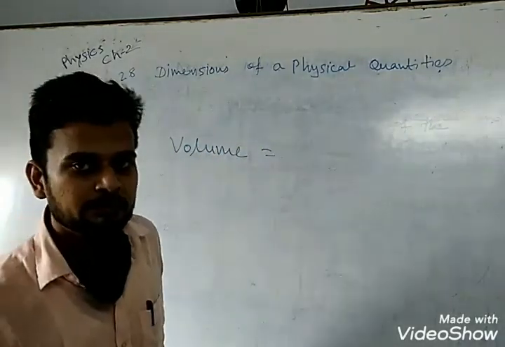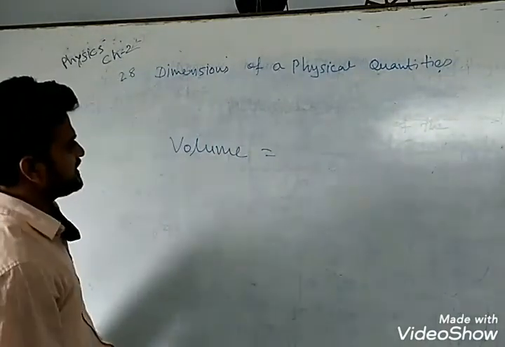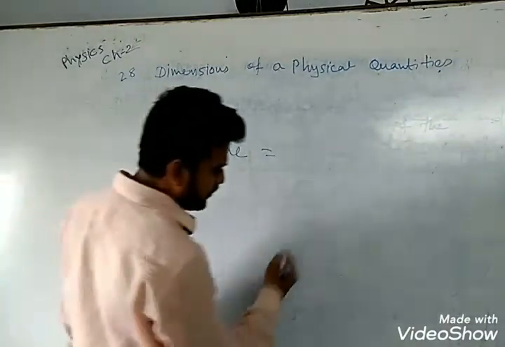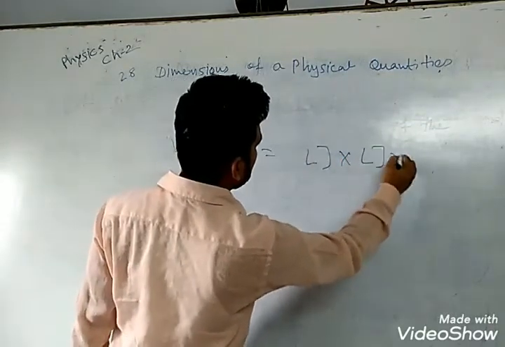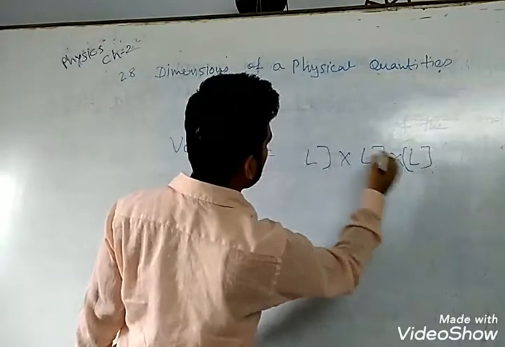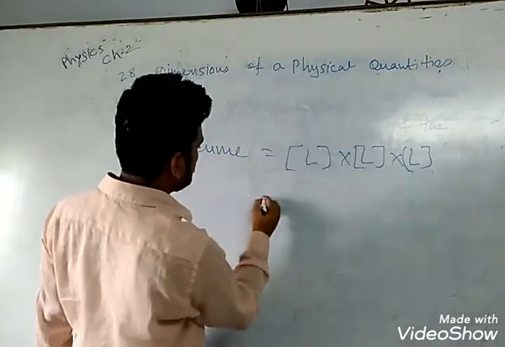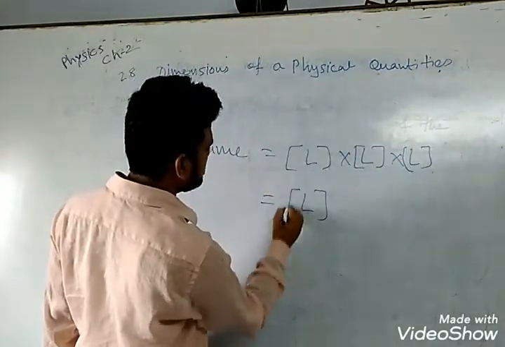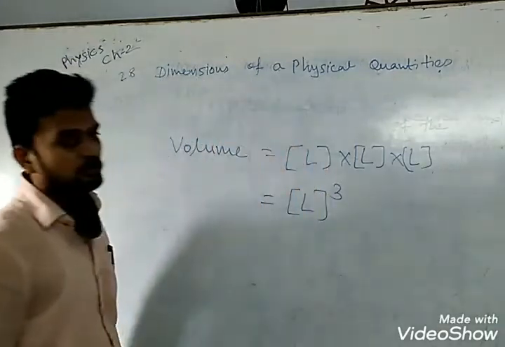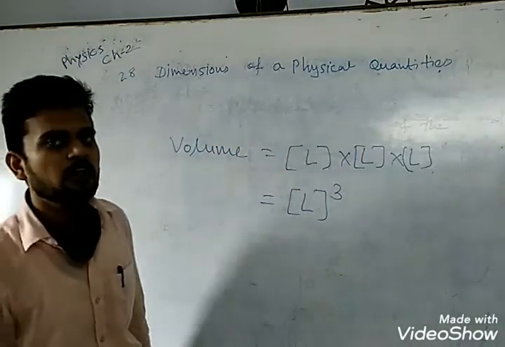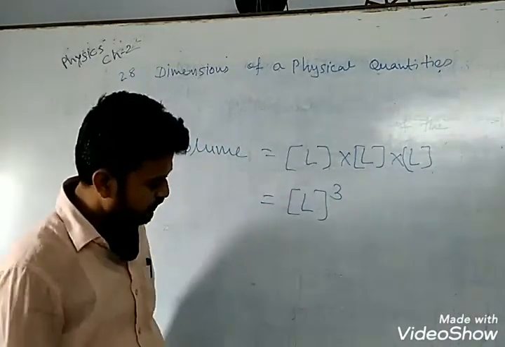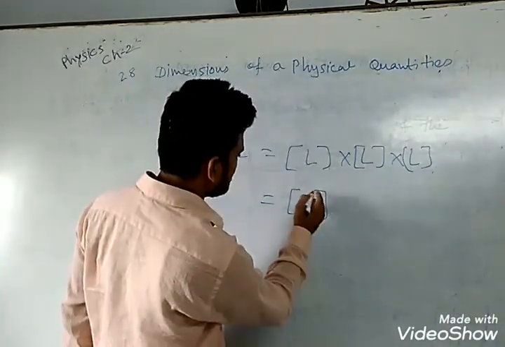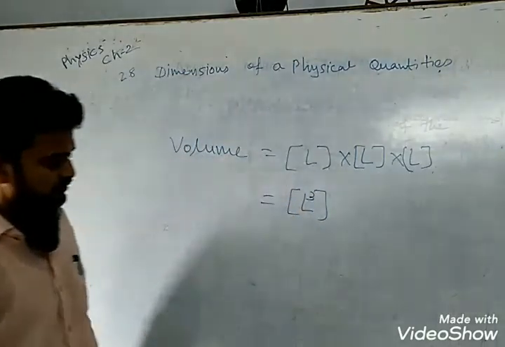Here we know that in this case 3 lengths, L into L into L, so is equal to L cube. Dimension formula for volume is L cube.